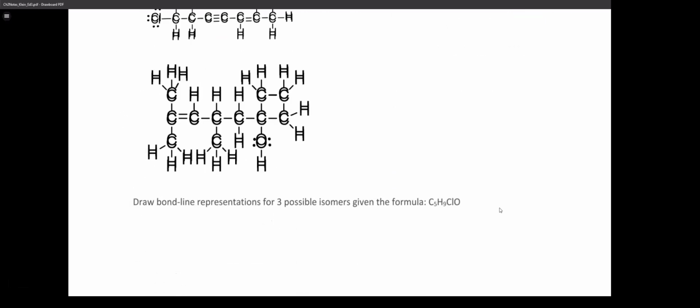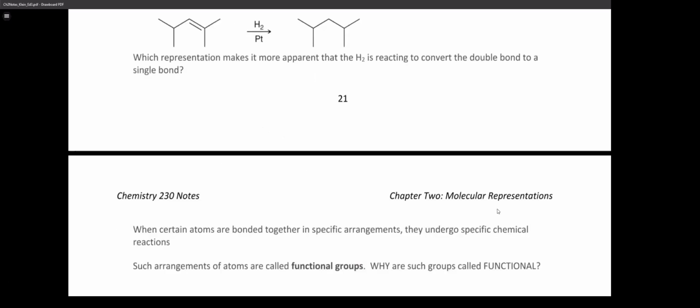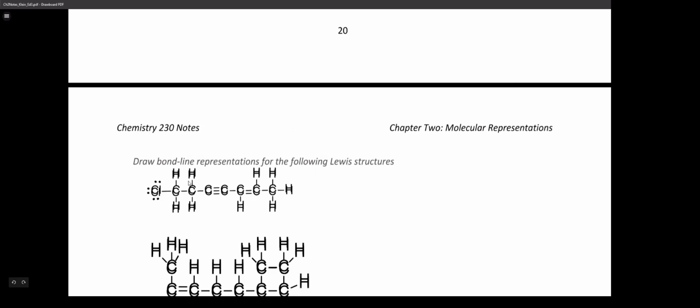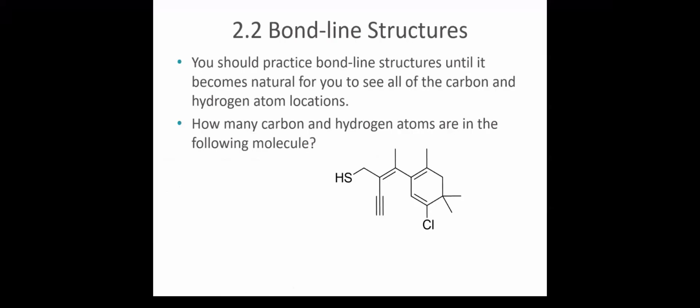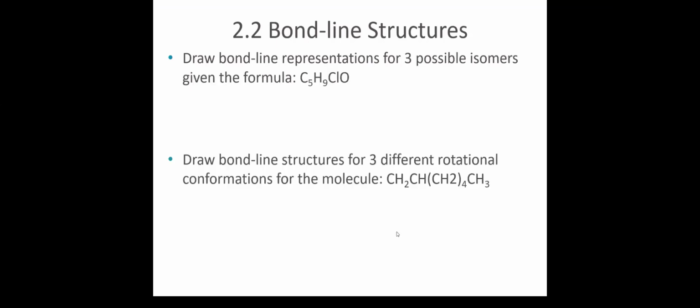Oh, these structures did not print out nicely. Maybe I need to print out this group again. Can you see this decently? If not, I will put it up on the screen. There, that's a little bit better. So you'll notice this bottom one is just horrible because why?